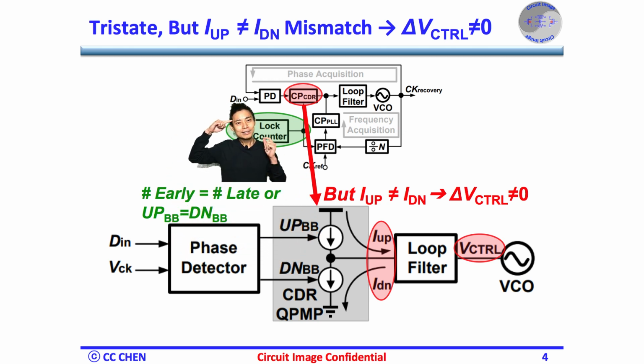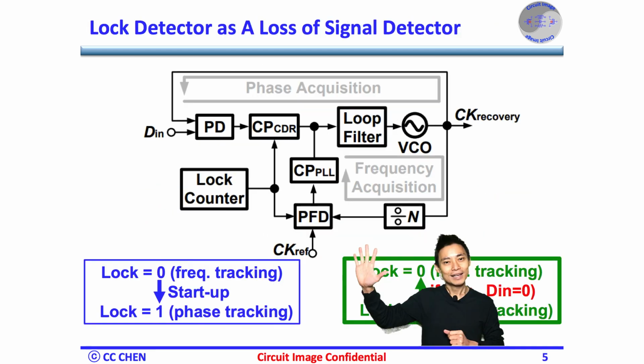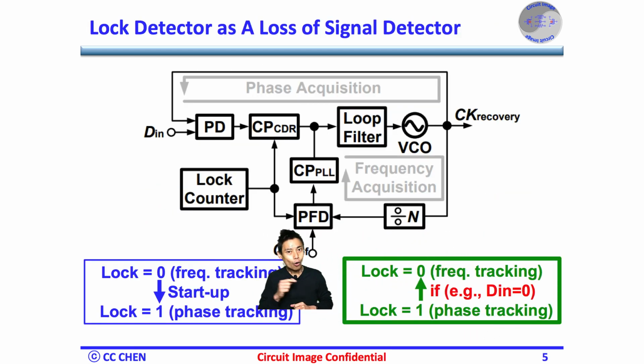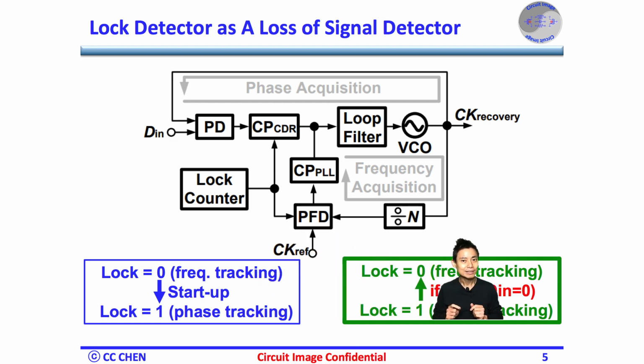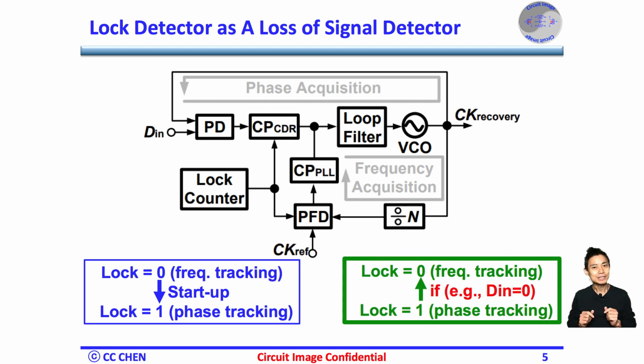Can you look at the lock detector for 5 seconds? Right. The role of the lock detector is not only to detect if the CDR or VCO is done in the frequency tracking mode and guide the CDR to the phase tracking mode, but it can also help detect if the VCO frequency was drifting up or down too much out of the specified tuning range.